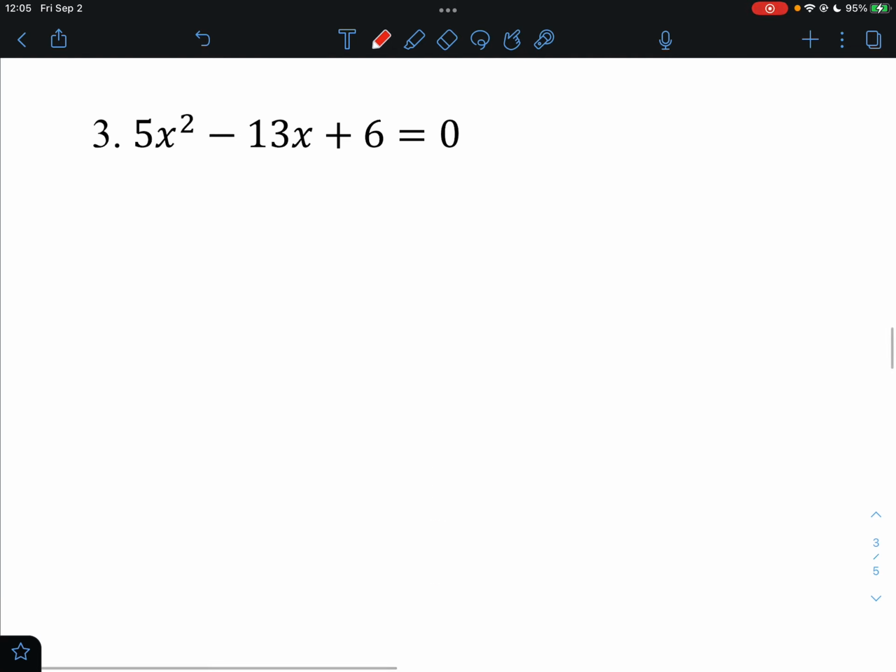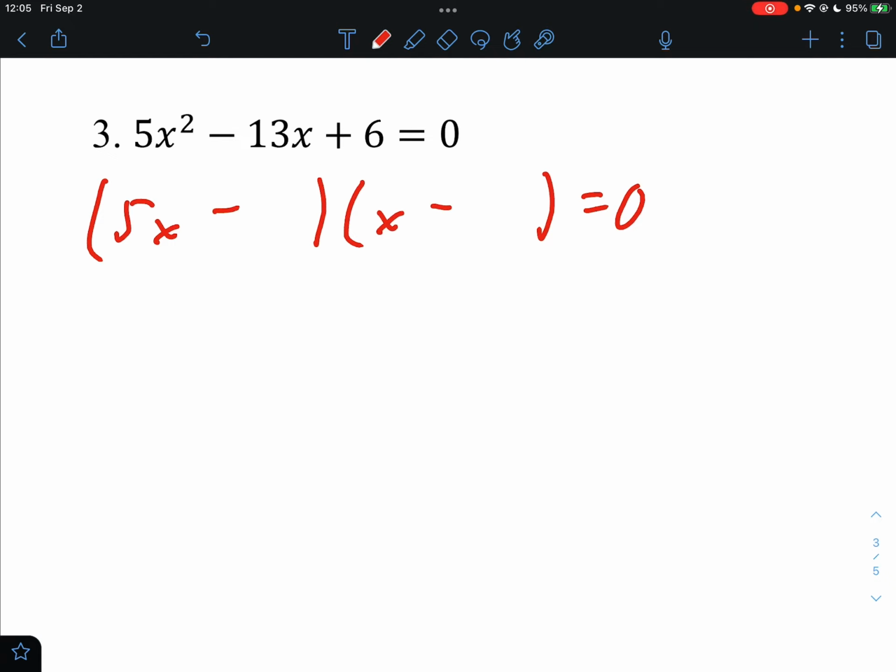Number 3. Let's see if we can factor this one using our guess and check method. I know 5x squared is going to be 5x and x. So for 6, it's either going to be 1 and 6 or 2 and 3. Looks like it's going to be 2 and 3. Again, since this is positive and this is negative, these are both going to be minus. And let's take a guess. Let's take a wrong guess first here. Let's say this is 2 and this is 3.